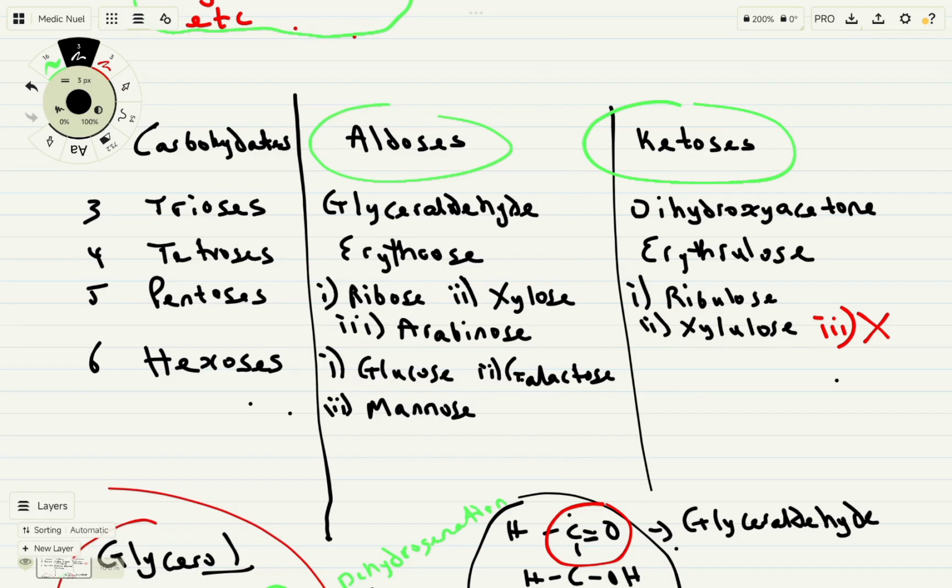And for our ketoses, we have fructose, which is the one we have here. So fructose is very, very popular. Glucose is also very, very popular.